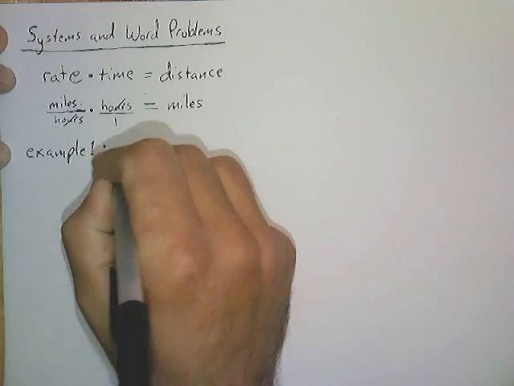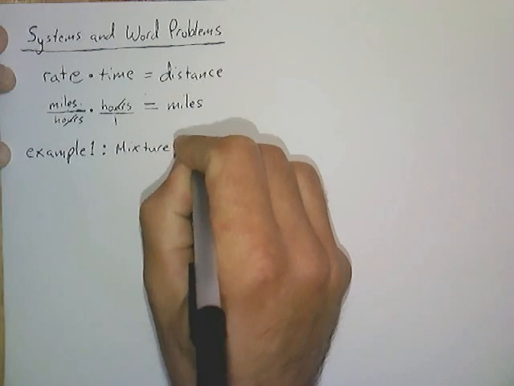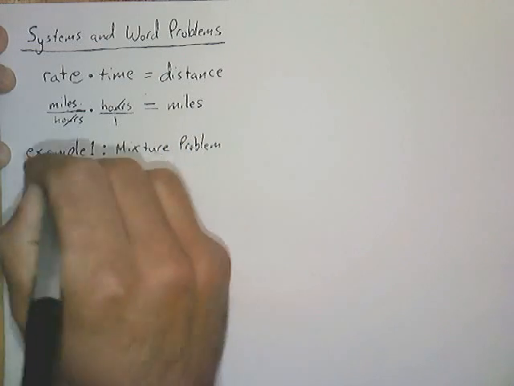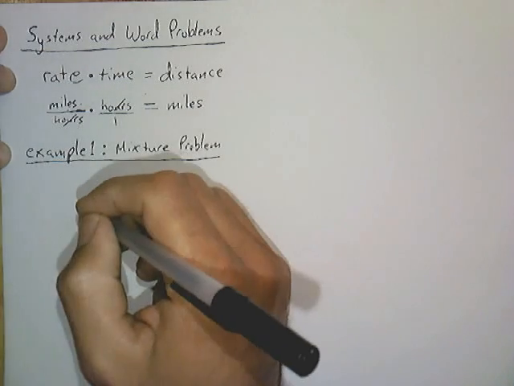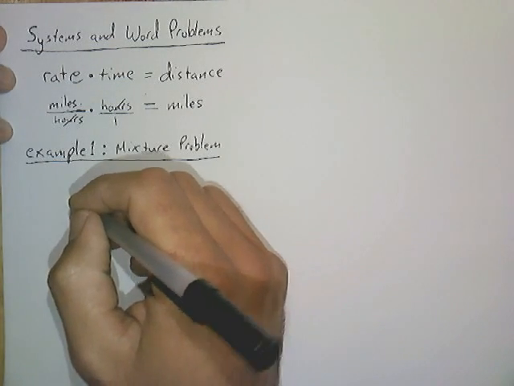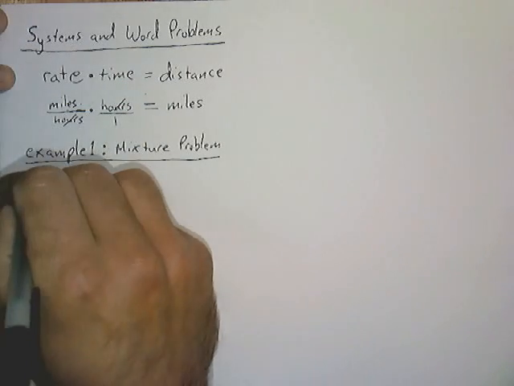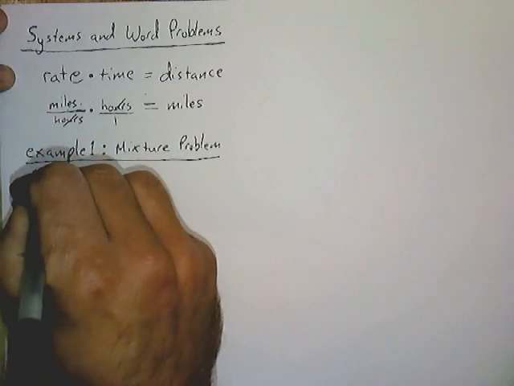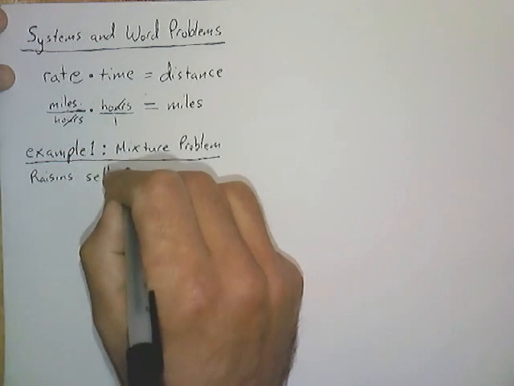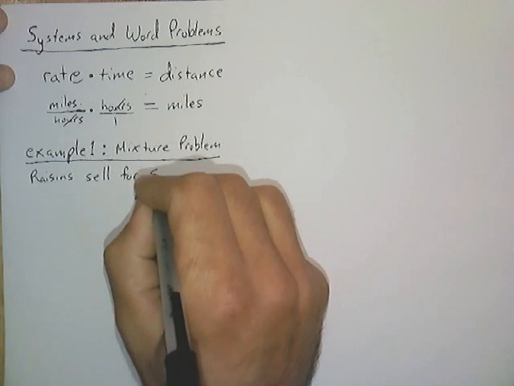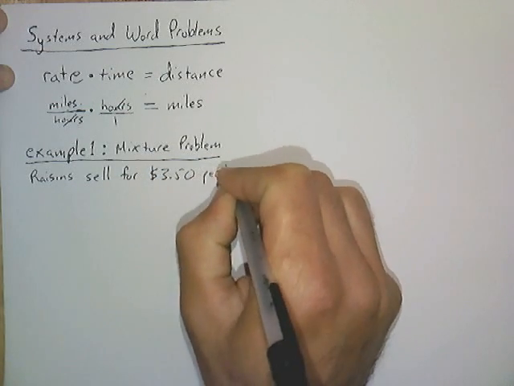And this will be a mixture problem. So suppose we're at Whole Foods or something and we're making some trail mix. And the trail mix is going to involve raisins and nuts. So suppose that raisins are going to sell for, say, $3.50 per kilogram.